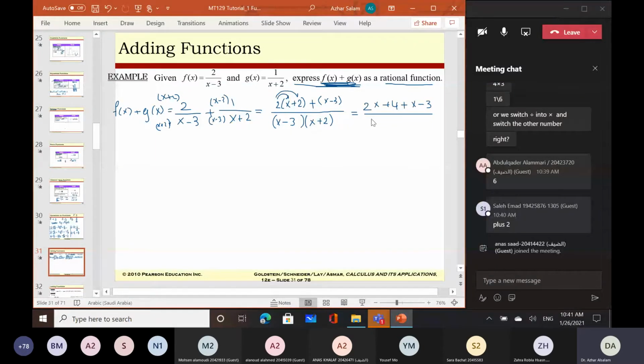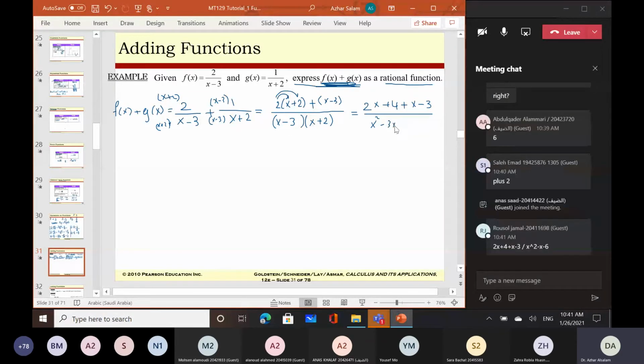So x multiplied by x gives x squared, minus 3 multiplied by x gives minus 3x, plus 2 multiplied by x gives plus 2x, then minus 3 multiplied by 2 gives minus 6.